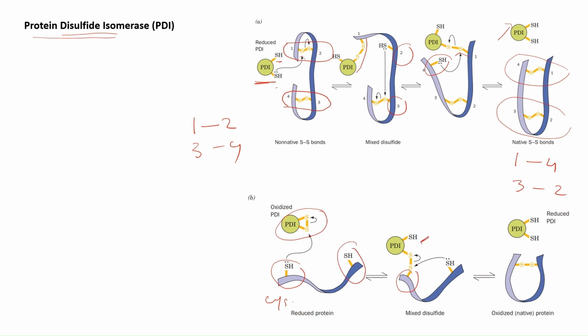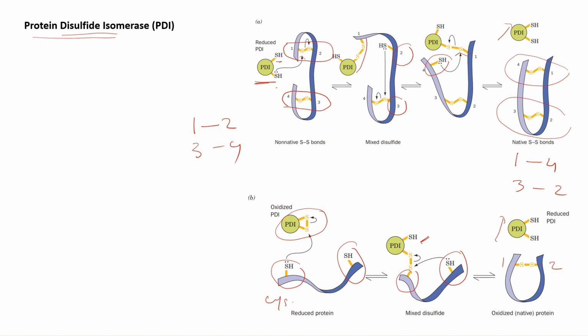This second position will attack the first position and they will form a bond, releasing the enzyme again. So in two ways, protein disulfide isomerase can help in the formation of proper disulfide bond. Either it can be in a reduced state or it can be in an oxidized state.